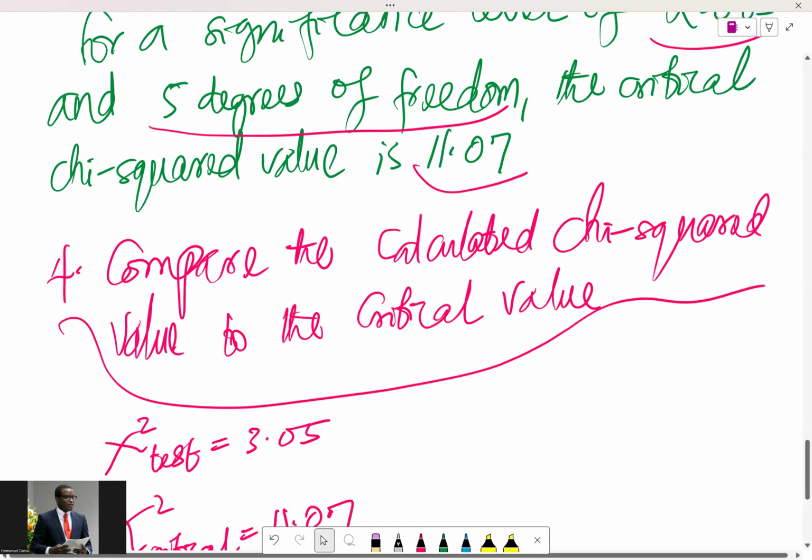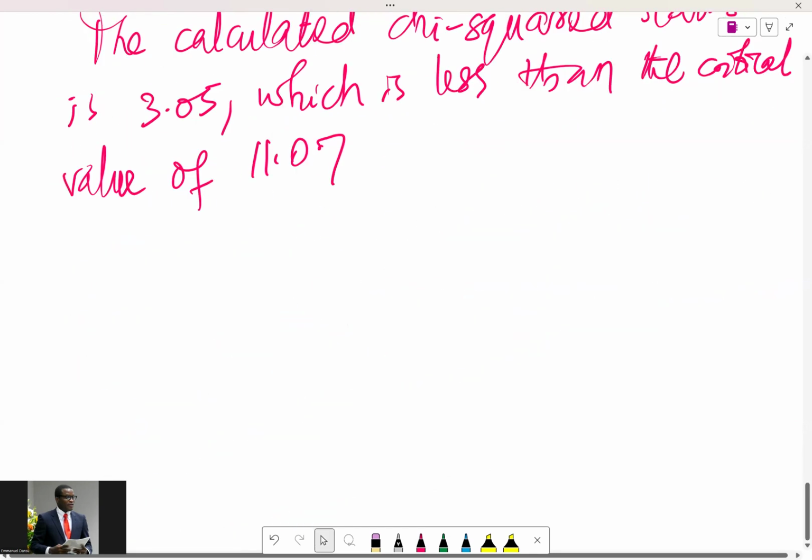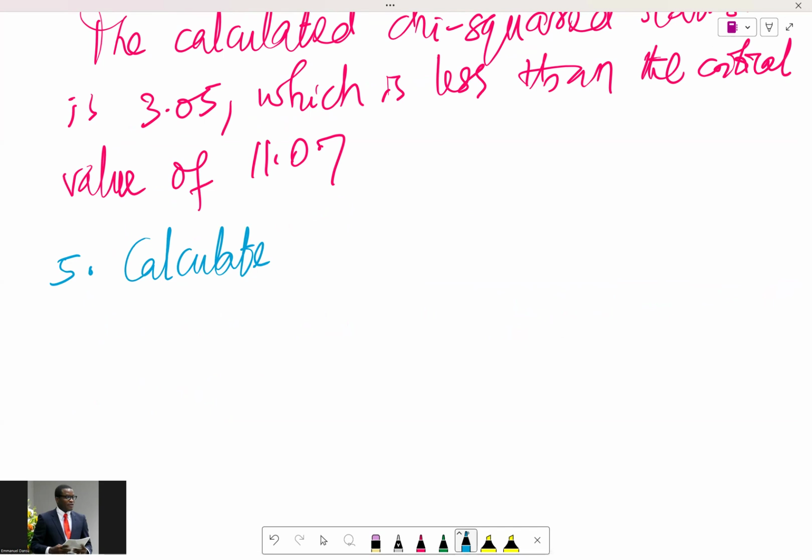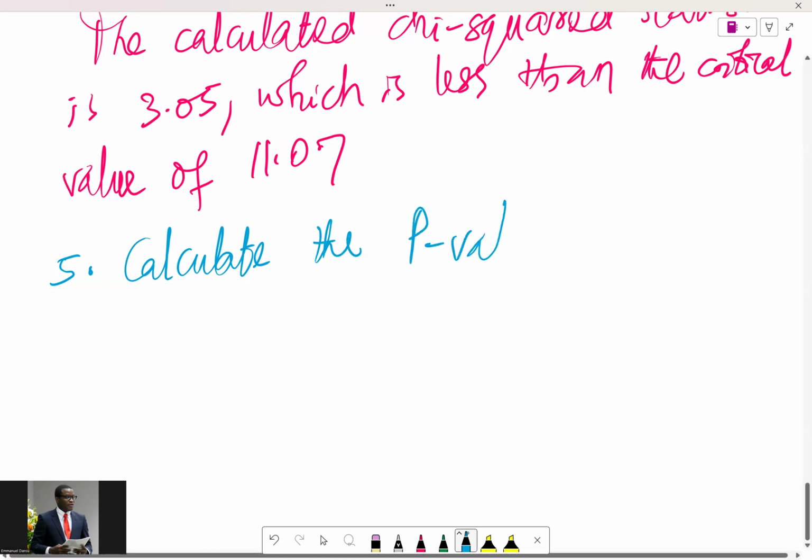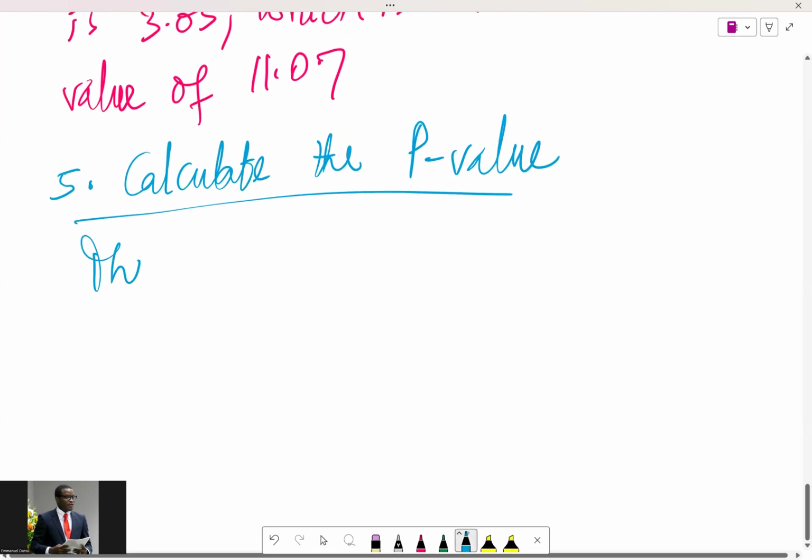That takes us to step 5, where we calculate the p-value. With what we already have, we don't necessarily need to calculate the p-value. This is just an alternative, but let me just do the two. You can choose your choice normally. So calculate the p-value, which is not necessary, but it's an alternative.